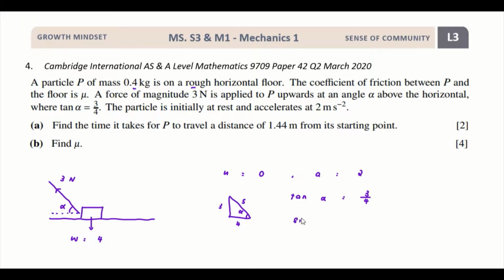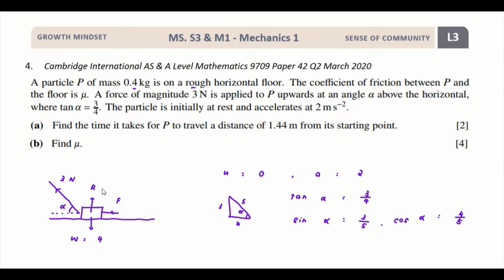Then sine alpha is 3/5 and cos alpha is 4/5. You can put in all the information that you have here. Then let's put in some other forces: friction over here, and of course the normal reaction.